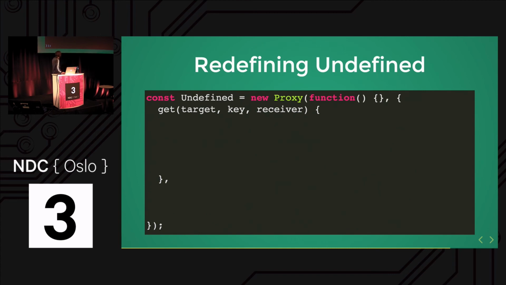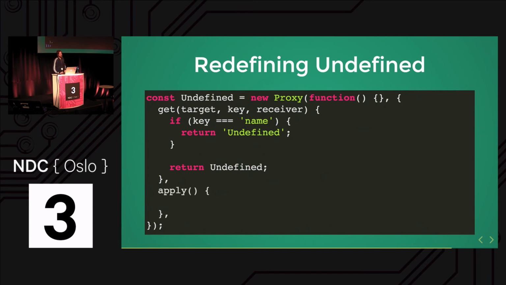And if I define a getter trap on this proxy, I could say that in any case, if you're trying to get something here and it's not the name of the function, I'll just return another undefined proxy to you. So just recursively returning that to you. And if you try to call this as a function, I'll just return undefined to you again.